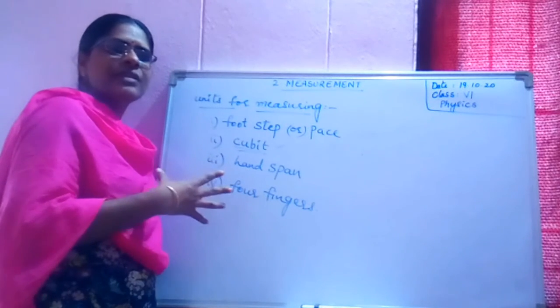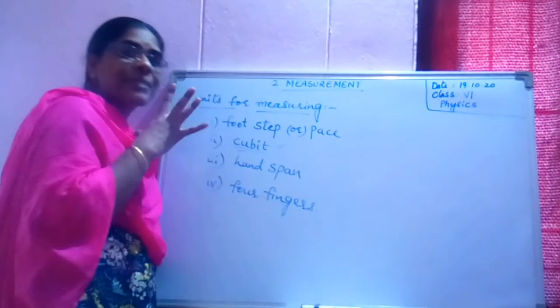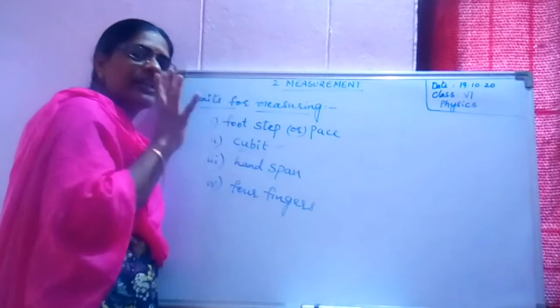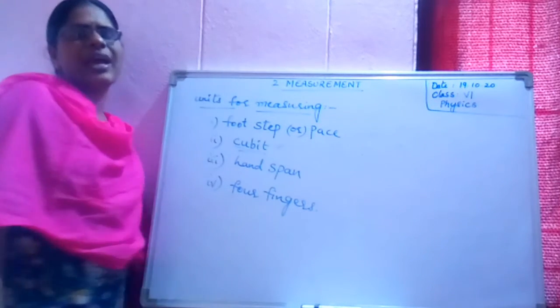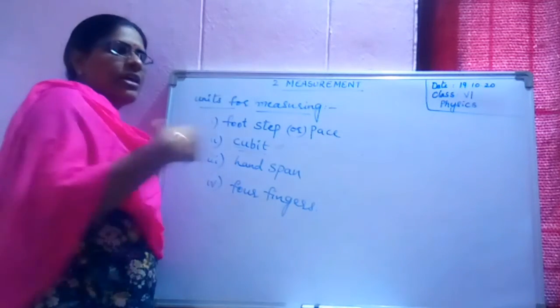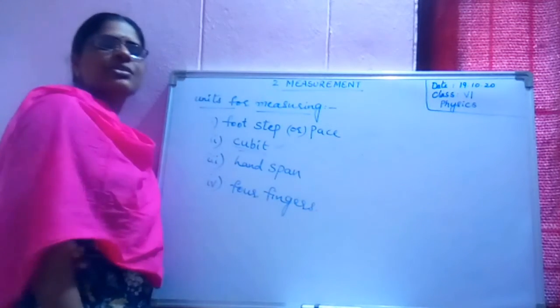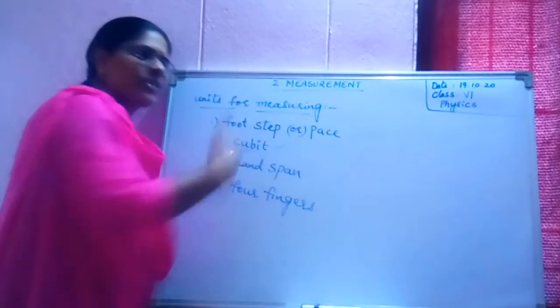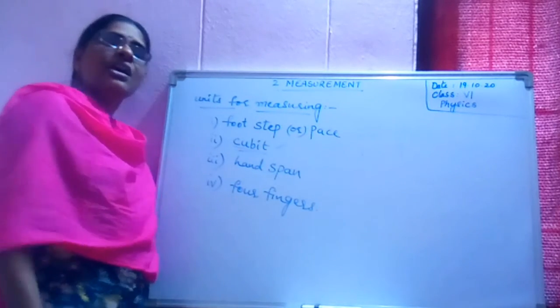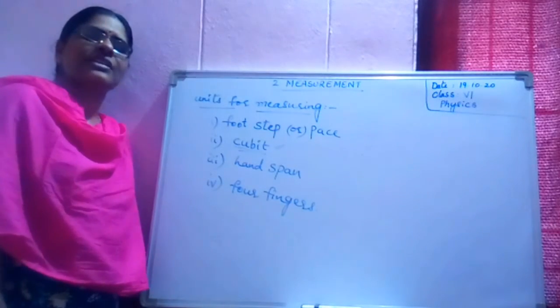Measurement means, for any object you measure, there must be an accurate and correct value everywhere in the world. See, oil, everywhere we measure it in liters only. Sugar, we measure it in kgs. Weight of a person, we measure it in kgs.